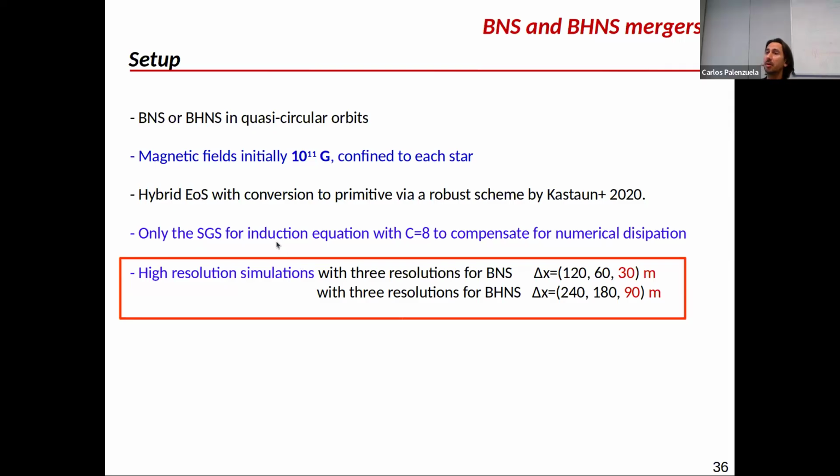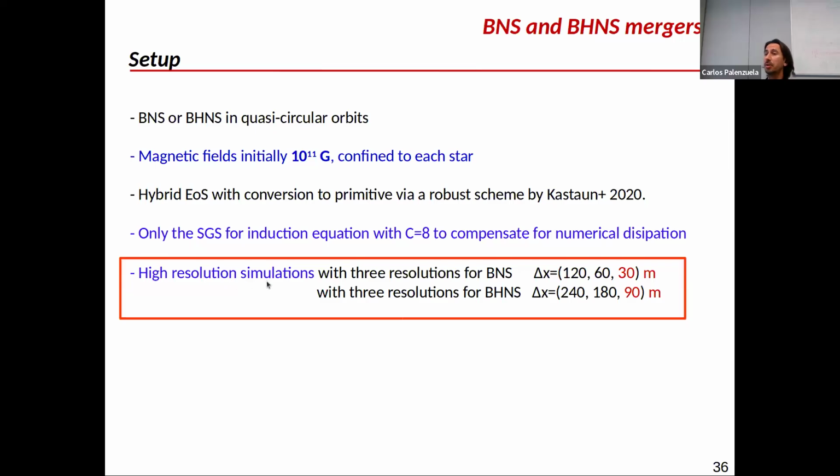And here we were only using the subgrid-scale model for the induction equation with a factor larger than the analytical prediction, which should be 1, to compensate for numerical dissipation. We still have too much numerical dissipation in our simulations, and in order to compensate for that, we need to increase this factor.